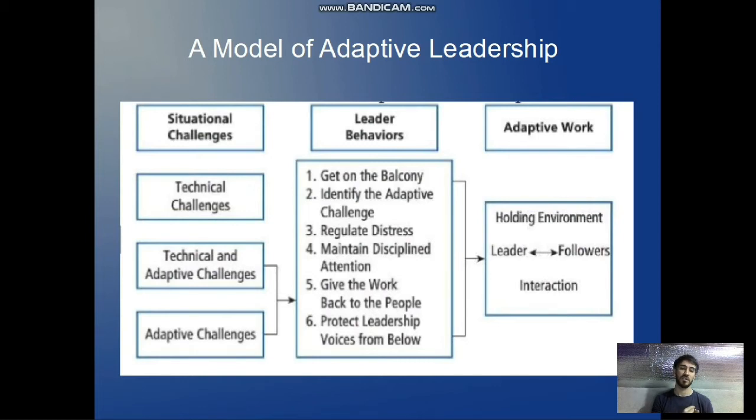And the adaptive challenges do not have a straightforward solution, but need both the leader and the followers to collaborate in order to find a solution. And the technical and the adaptive can both occur.